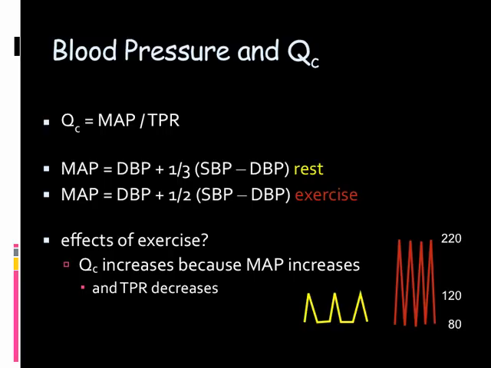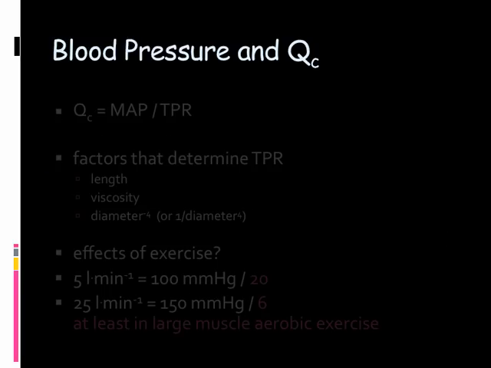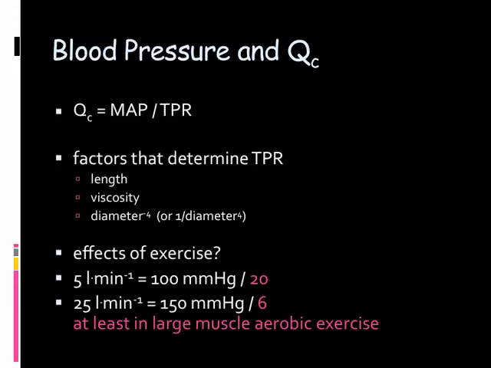Now we'll talk a little bit more about total peripheral resistance. What is it that determines the resistance to flow? In any system, it is the length of the vessels, viscosity of the fluid, and the diameter of the vessels.